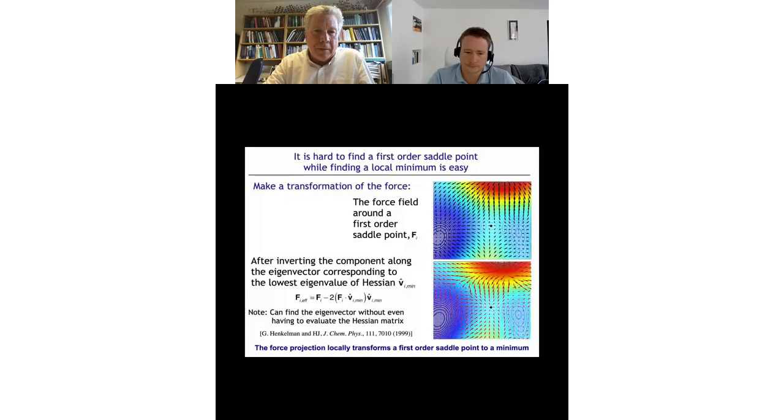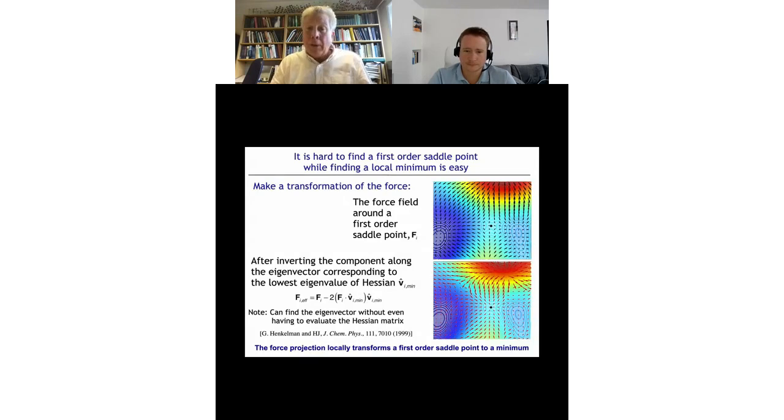And you might think, well, that's enormously difficult, because first of all, constructing the Hessian matrix, the matrix of all second derivatives, that alone is going to be an enormous calculation for a sizable system. And then finding the eigenvalues and eigenvectors is again an enormous calculation. But there are several ways in which one can find this minimum mode, that is, the eigenvector corresponding to the lowest eigenvalue.